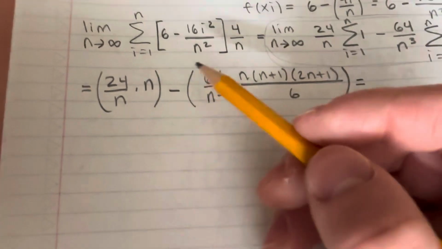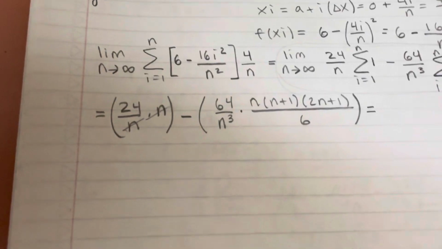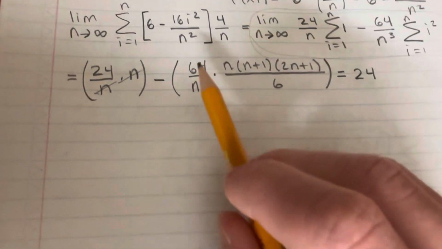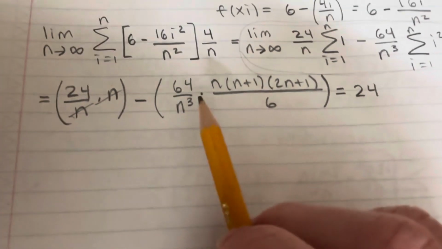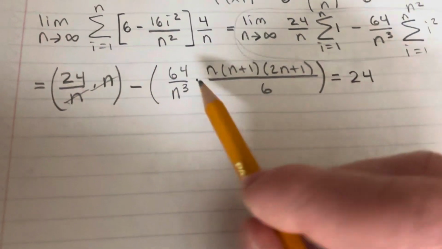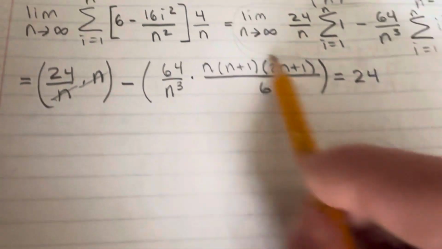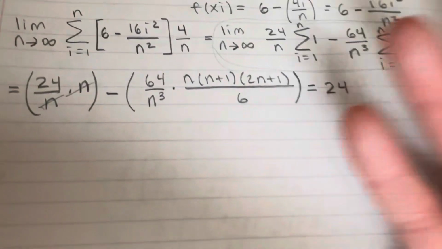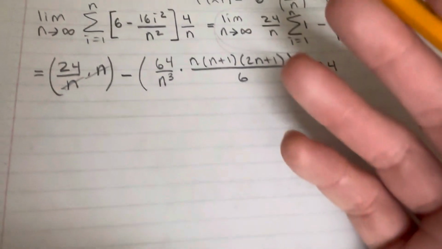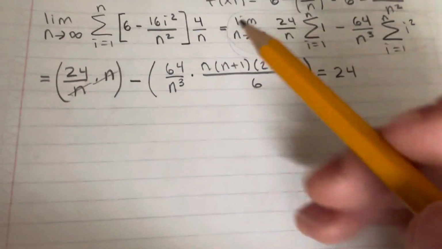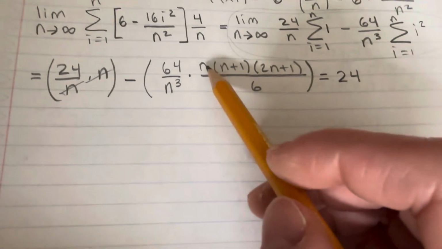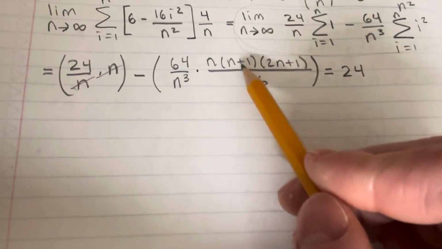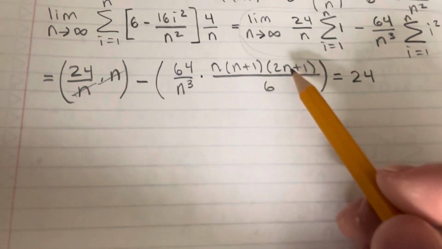So 24 over n times n, the n's cancel. This leaves us with 24. Now we need to simplify this. We need to recognize the fact that we have n cubed on the bottom, and up here, instead of just multiplying everything out and then canceling stuff out, which would take too long, we can just recognize the fact that there are 3 n's here. n times n is n squared. n squared times another n is n cubed.